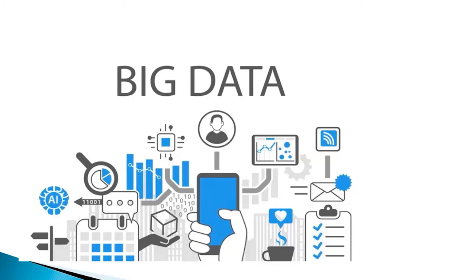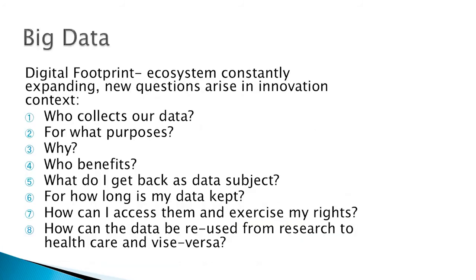The digital footprint out there, namely what we all know as big data, is just too big, which means that as it constantly expands, it brings new questions which arise in the innovation context, such as who collects our data and for what purposes and why, and who benefits, and what do I get back as a data subject, and for how long is my data kept?